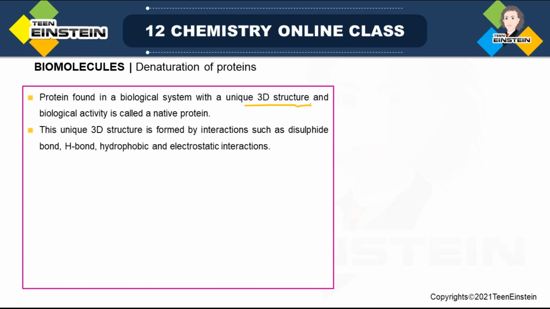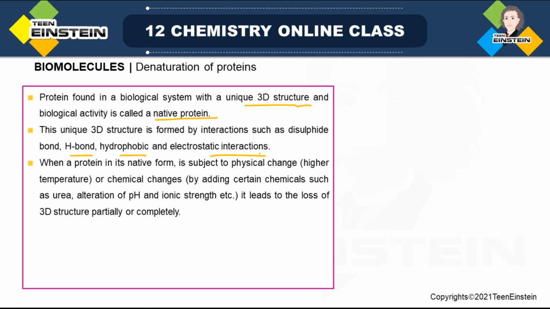When they are present in their normal state, we call them native protein. And this is very unique for each protein. Now this unique 3-dimensional structure is formed by the 4 interactions that we have seen: disulfide, hydrogen bond, hydrophobic or van der Waals, and electrostatic interaction.